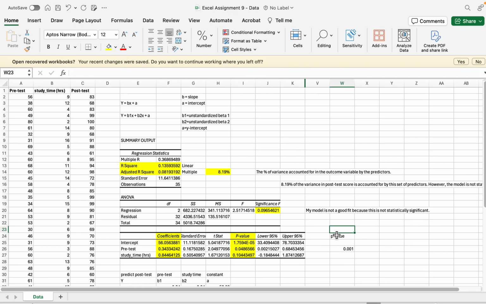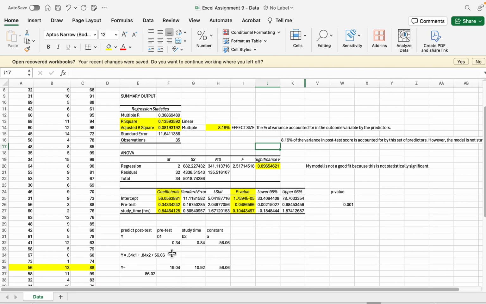Okay, so this is essentially your effect size. Whereas these are your unstandardized betas. That means they can't be compared between each other. Now, if you have statistical software, there usually pops out a standardized beta coefficient, which you'll often see within research articles.